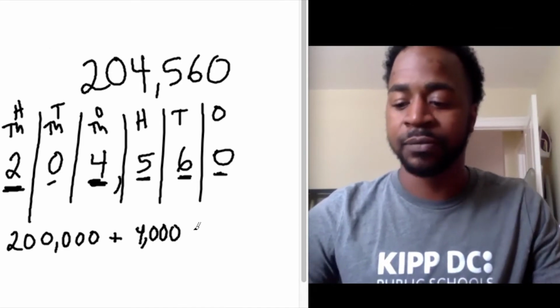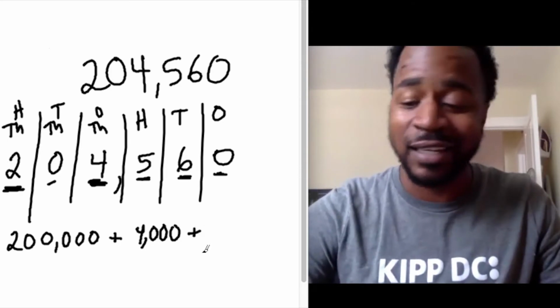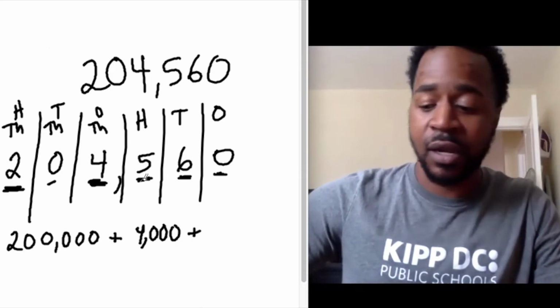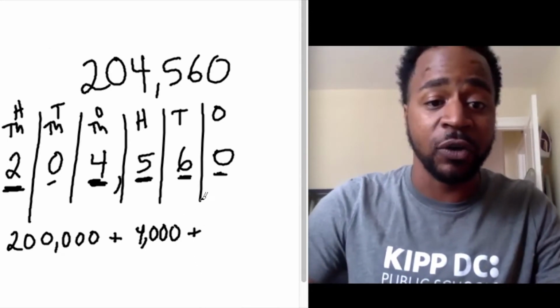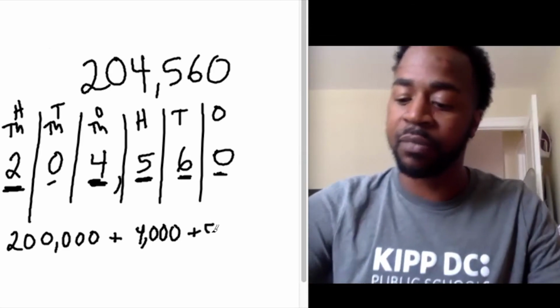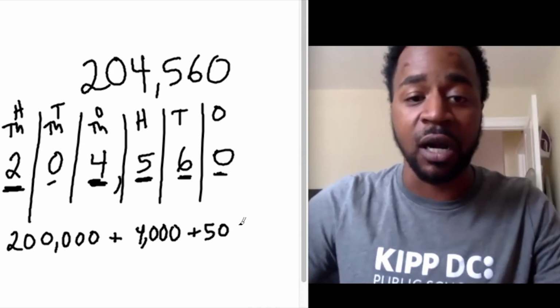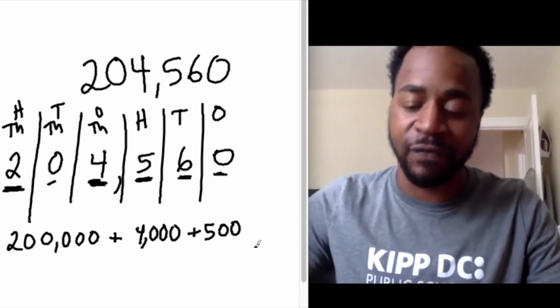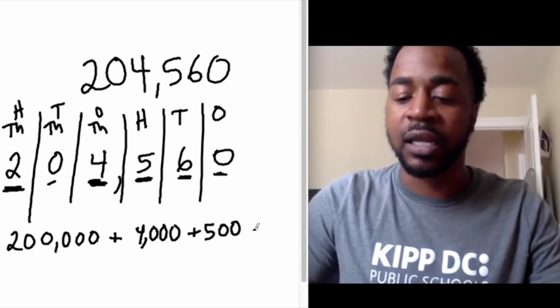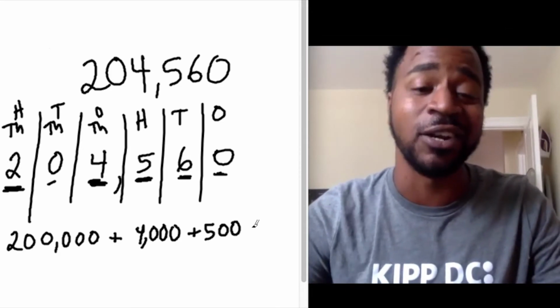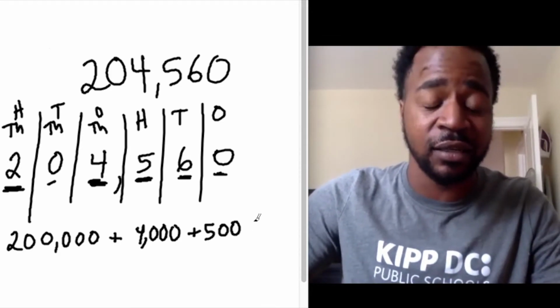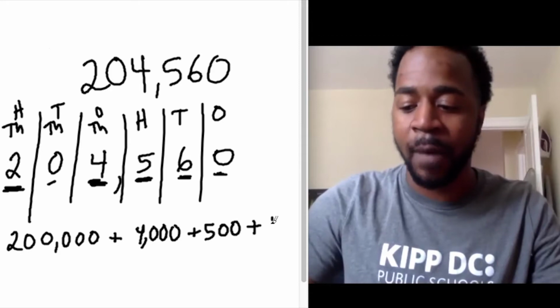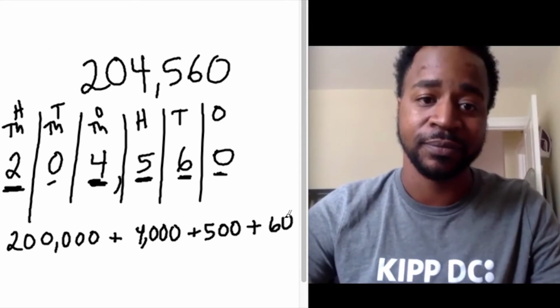The next number I see is 500. And I know that there's going to be 2 zeros behind the number 5. It's going to represent our tens place and our ones place behind our 5. And the last number I see is a 6, and it's in our tens place, so I know it's 60. And there's going to be 1 zero behind our number 6.